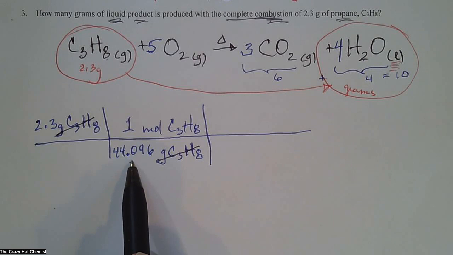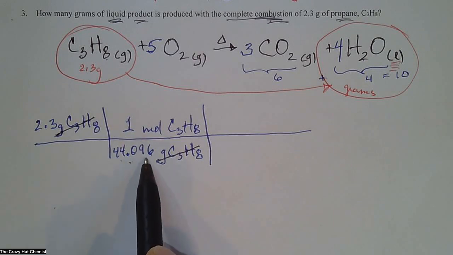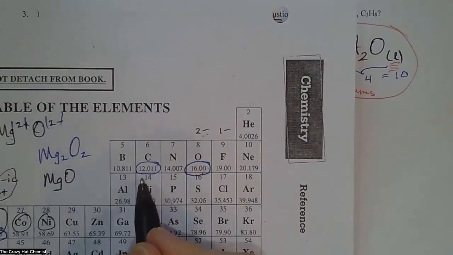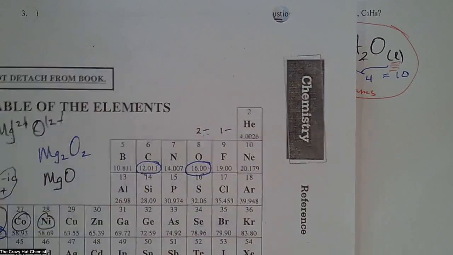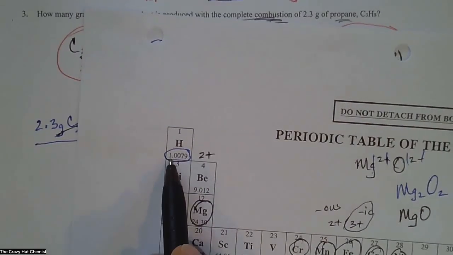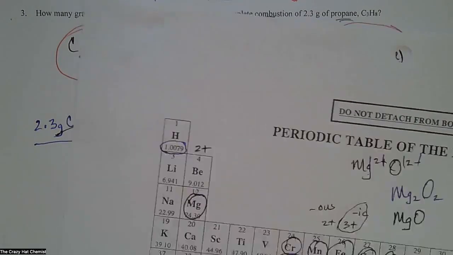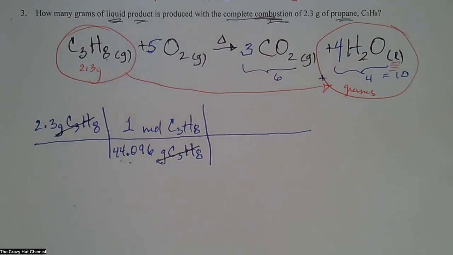So I highly recommend that you recalculate the molar mass after you plug it in here, but you're going to use a whole number. So you're going to take carbon, 12, multiply it by 3, take hydrogen, multiply it by 8, sum them up, and you should get 44. And if that rounded whole number is close approximate to your molar mass that you rounded, then more than likely you have done it correctly.